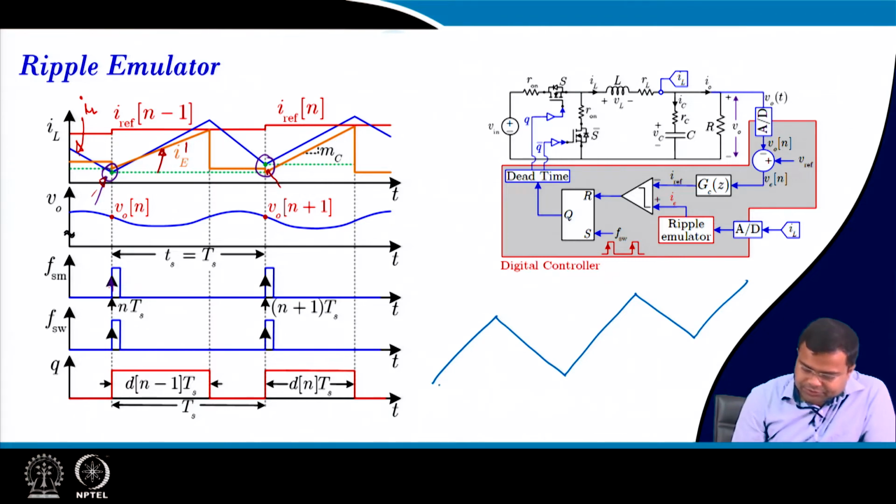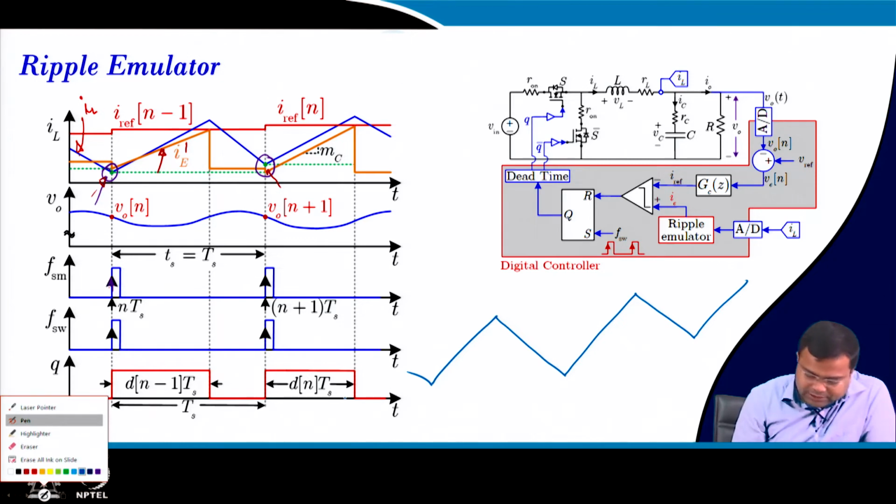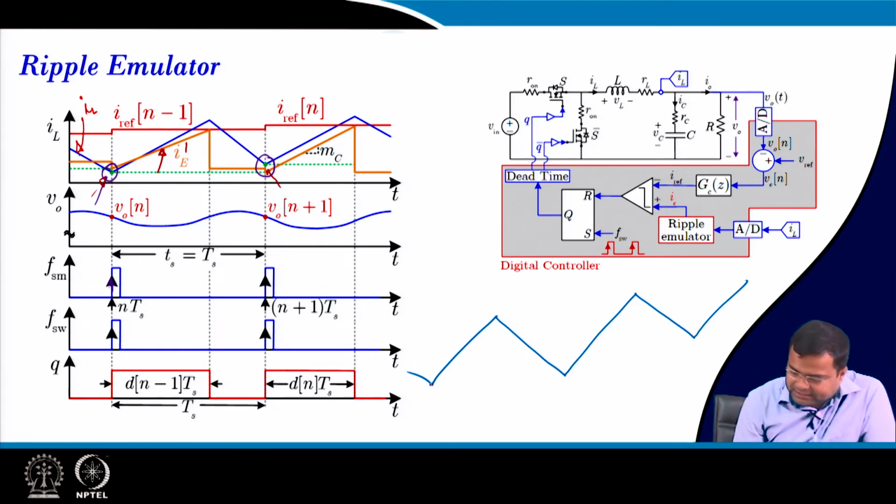Okay. So, this is the inductor current waveform. Now, we are actually sampling the current here, that means we are just sampling just before switch turns on, but we are using this sample in the next cycle. That means this sample, if we just interpolate this sample, if we extend here.